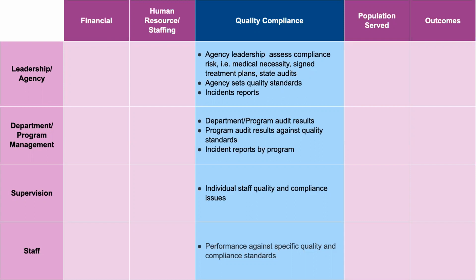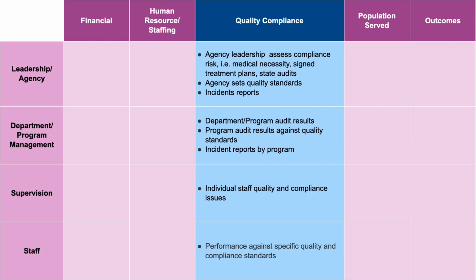The agency leadership also needs to understand incidents across an agency. When that risk assessment has been completed and when those quality standards are being set, again, we can begin to look at individual program results against audited contractual agreements, against quality standards, and begin to look at incidents by program.